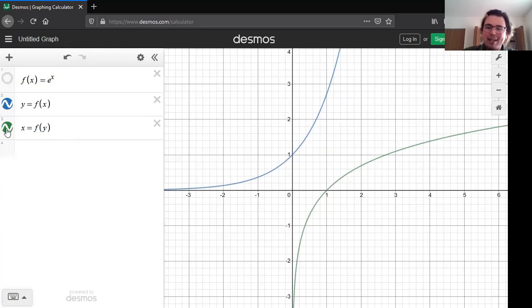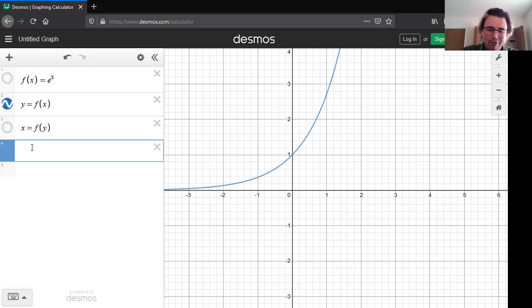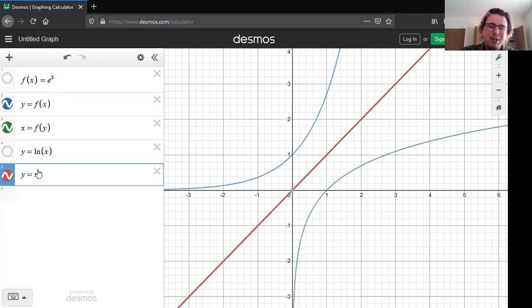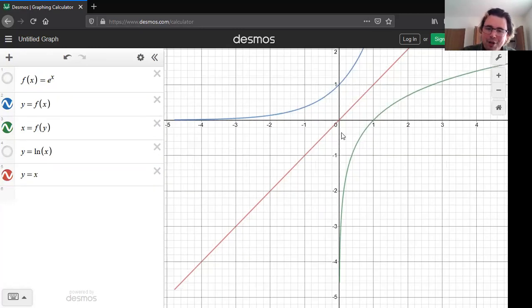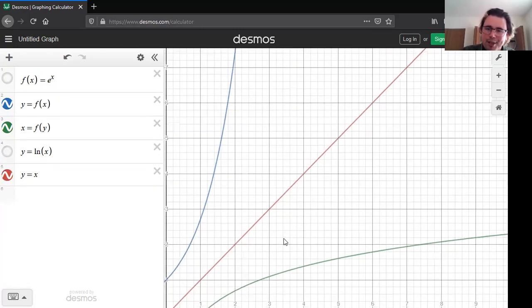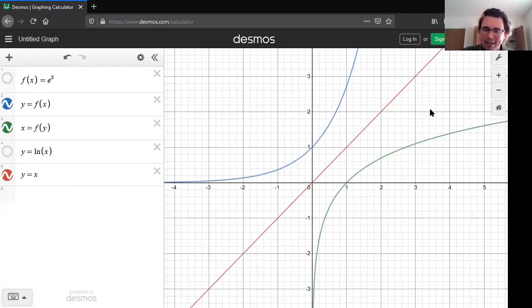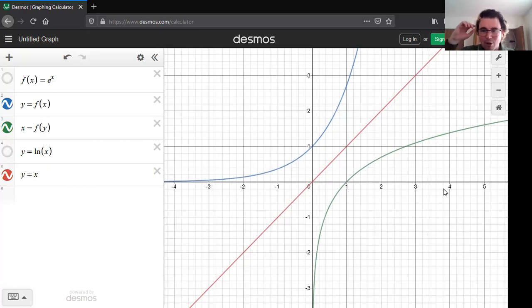And if you don't believe me that that is the inverse, I'll turn that off and let's graph instead y equals the natural logarithm of x. The very same thing. Notice that these two graphs are mirrored across this 45-degree line running through the origin.